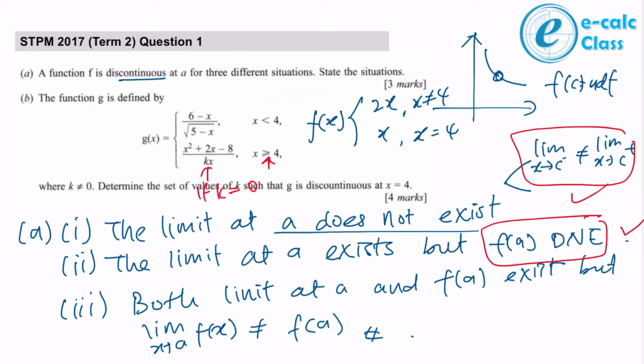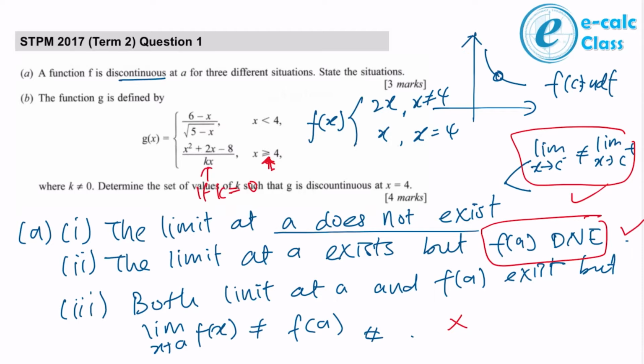Is this possible to happen? It's not possible, right? Because you already put your equal sign here. So if it exists, then it should be the same. The limit exists means your limit from left and right must be the same. So number 3 cannot happen in this case.